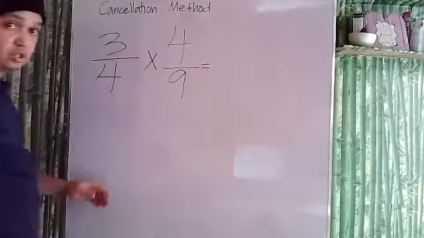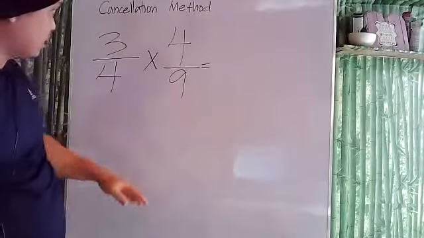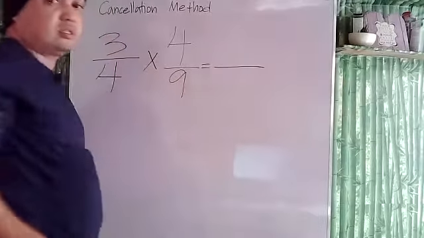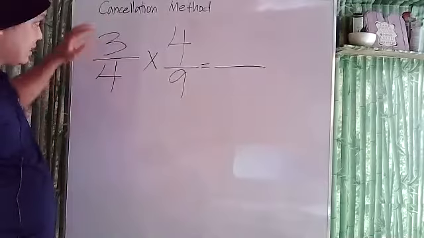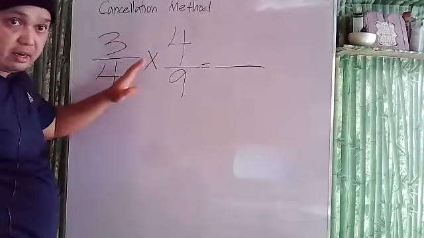You can answer this using the long method: multiply the numerators, and multiply the denominators. But we can use the cancellation method if we can simplify the process.